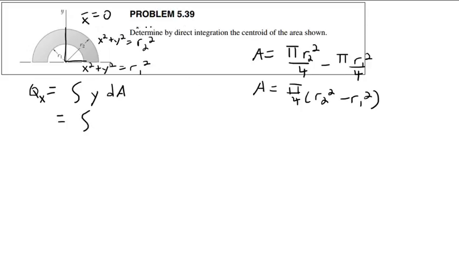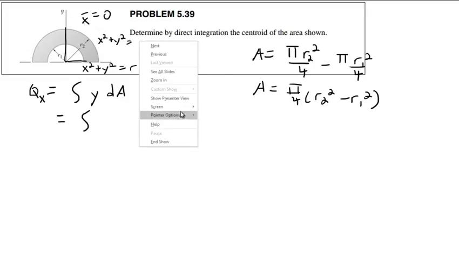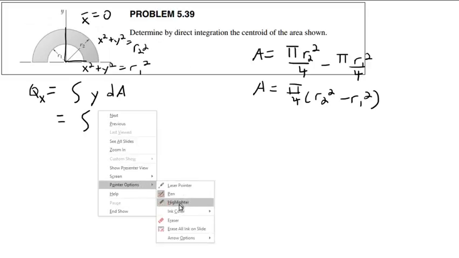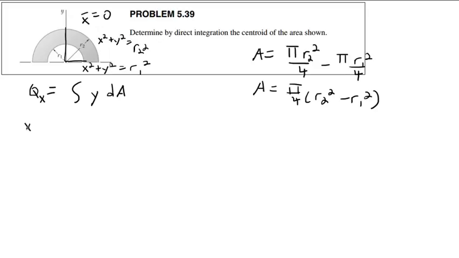Let me solve these equations. So the outer equation is going to be x equals the square root of r2 squared minus y squared, and the inner equation is going to be x equals the square root of r1 squared minus y squared, like so.